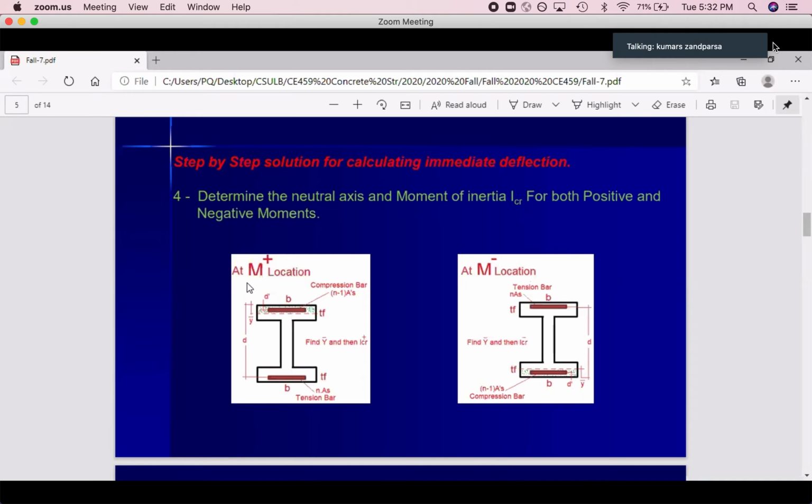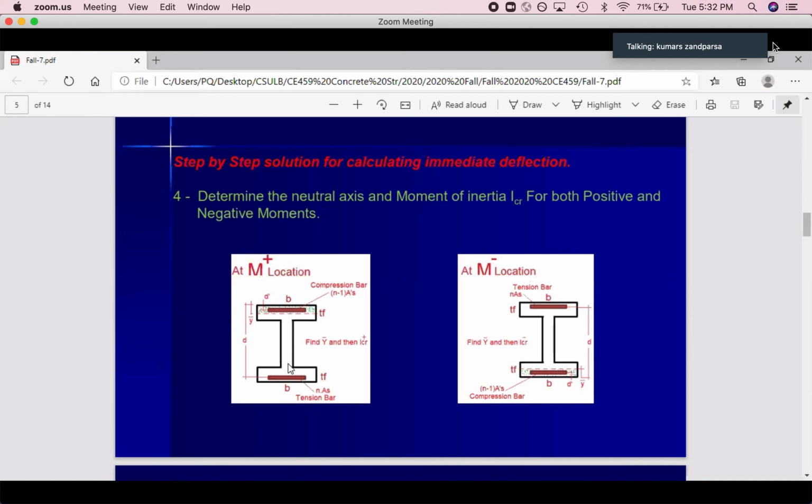That's for M positive. If you have M positive, always compression is on top, tension at the bottom. If you have M negative, tension on top, compression at bottom. So these green dots that you can see mean that concrete is under compression. So we still have concrete.